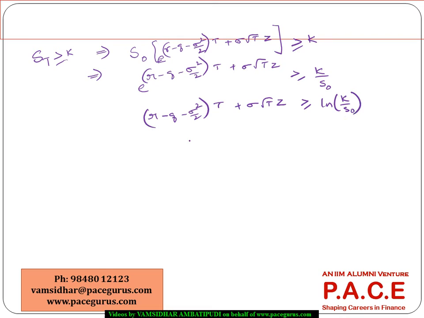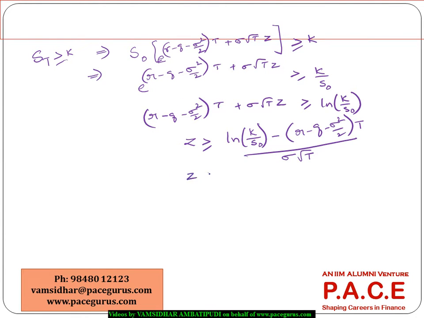Now from here I am establishing for Z. Z greater than or equal to log K by S naught minus (R minus Q minus sigma squared by 2) times T, divided by sigma root T.